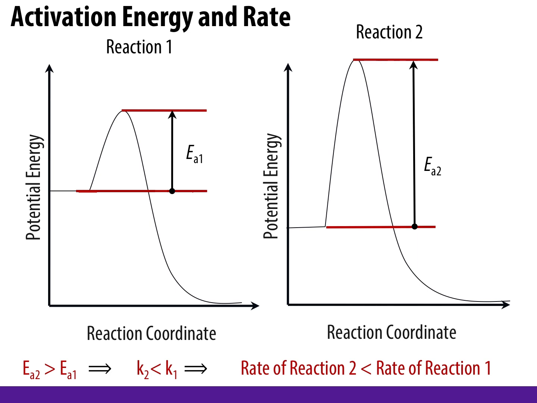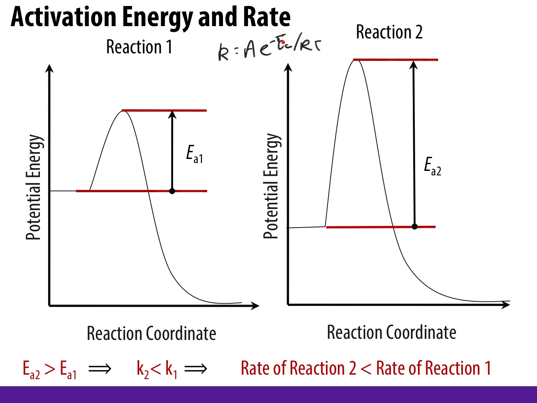The higher the activation energy, the fewer particles have enough energy to react, and therefore the smaller the rate constant. Again, remember our equation. It's a little bit hard to view in equations, but think about the meaning of it. K is A e to the negative EA over RT.